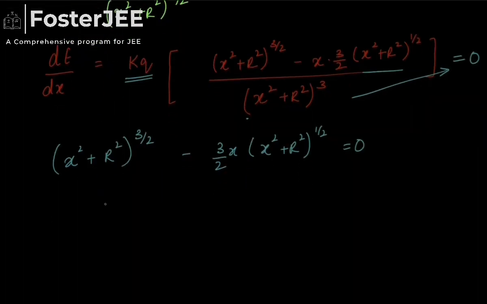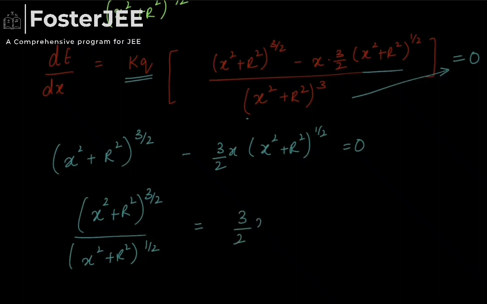Simplifying further, we will get x square plus r square power 3 upon 2 upon x square plus r square power 1 upon 2 is equal to 3 upon 2 x, which becomes x square plus r square. Now we forgot to put 2x here because the differentiation of the inner term will also come.